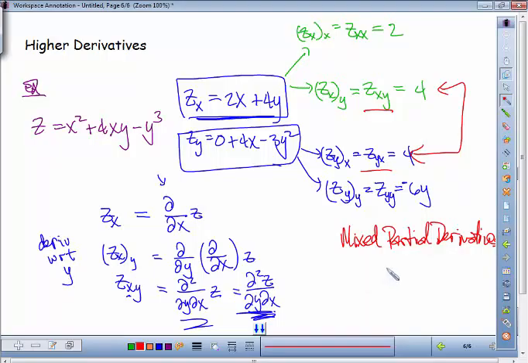So the mixed partial derivatives. So if f is, I'll just put nice in quotes, as in continuous, differentiable, and all that.